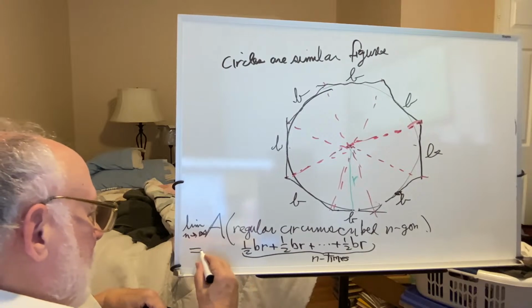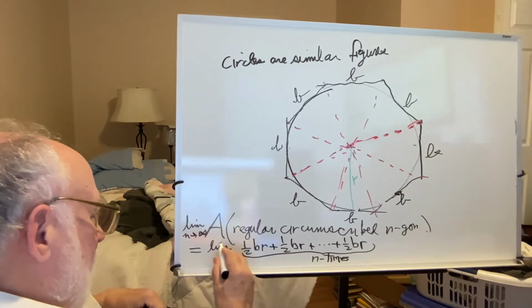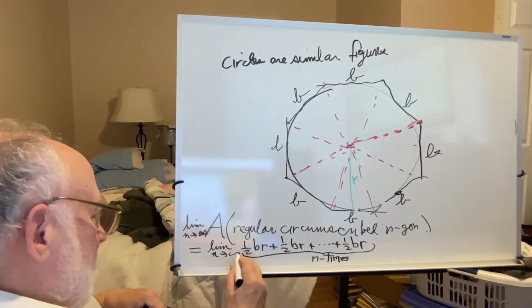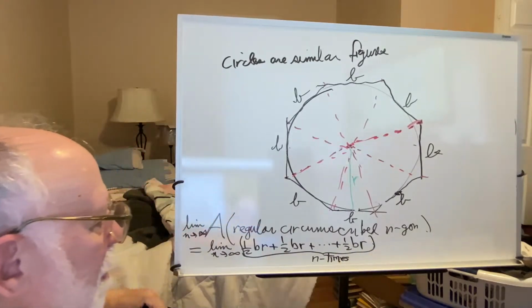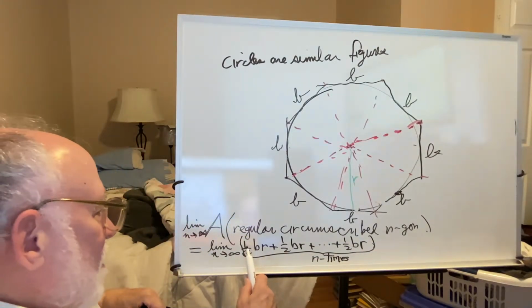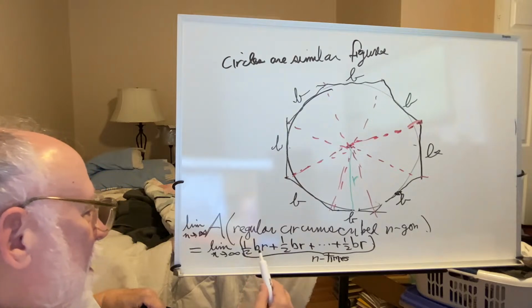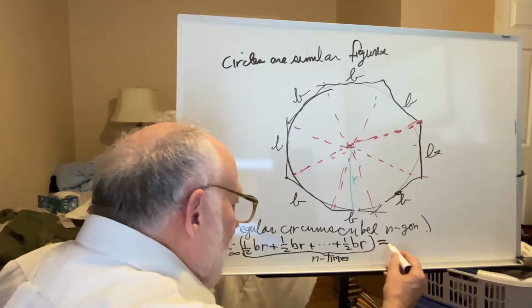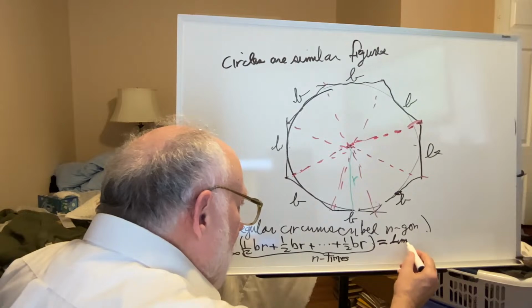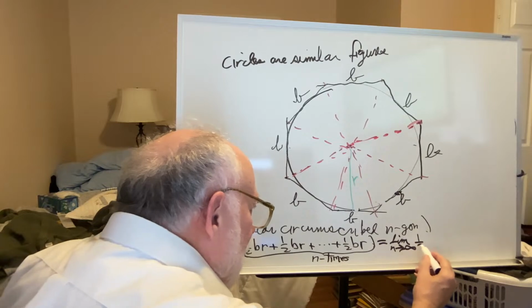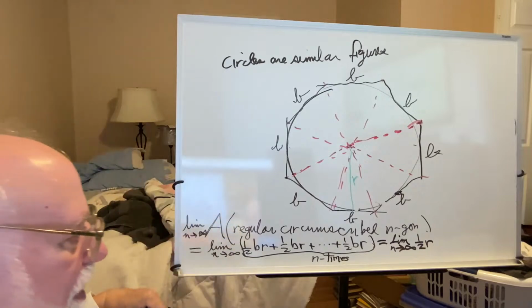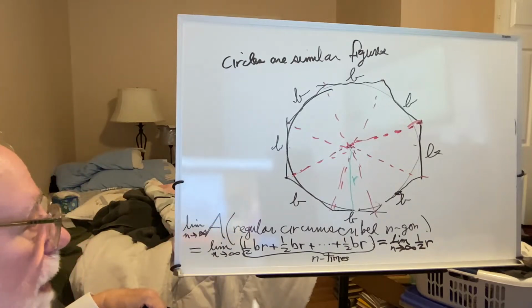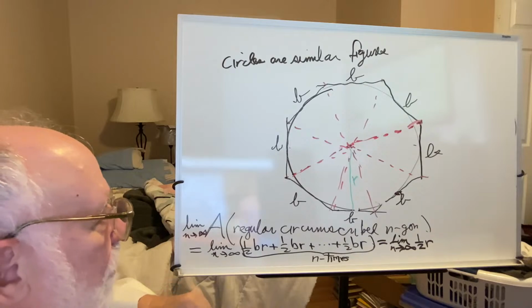That's going to be the limit as n goes to infinity. Okay. Now, what's happening to the r's and the half? They're not changing. So we can factor them out. What about the b's? Well, the b's are going to 0. Each base is getting smaller as you get more and more sides.